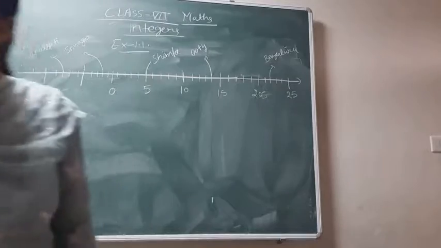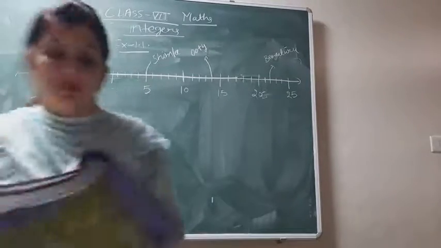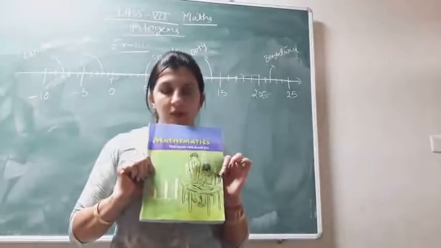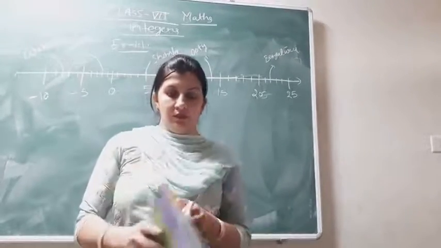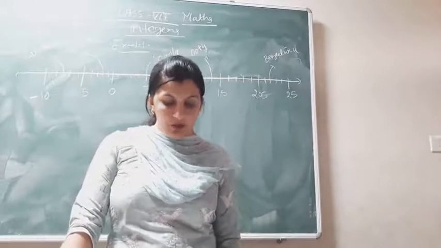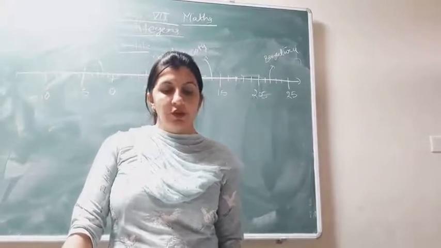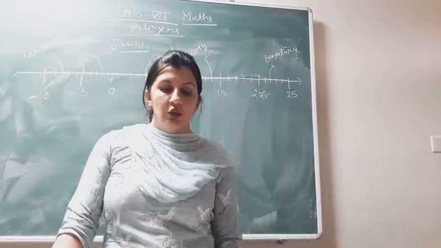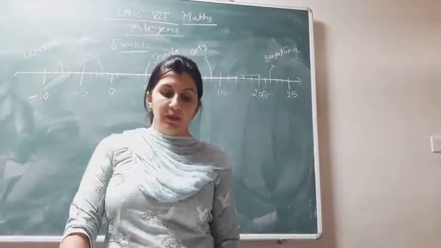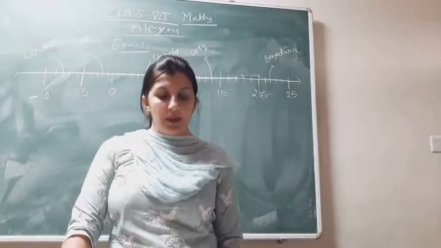Firstly, our first question is, see, this is our math book. Exercise 1.1 on page number 4. First question: the following number line shows the temperature in degrees Celsius at different places on a particular day.